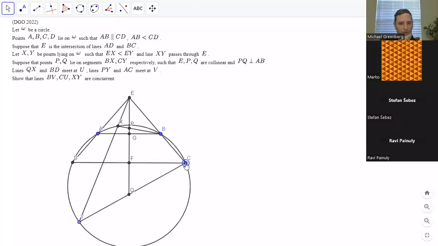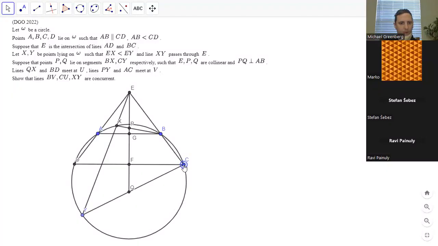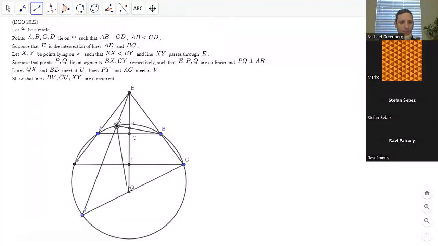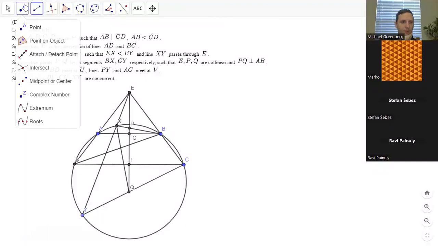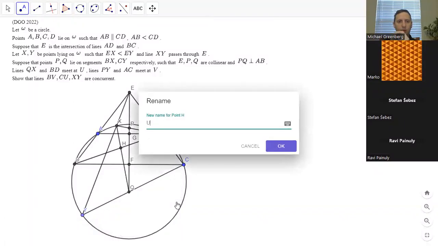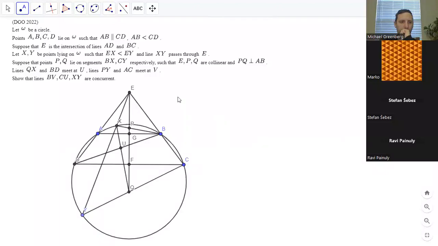So QX and BD meet at U, and PY and AC meet at V. That's a little bit of a tricky figure, but not the worst.